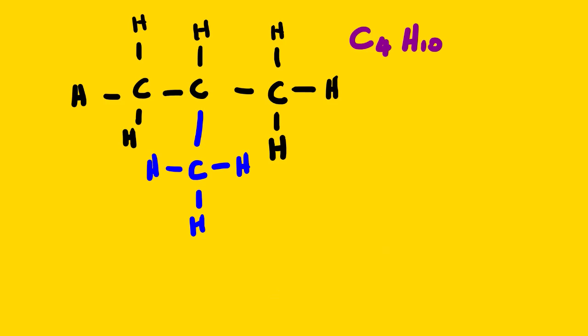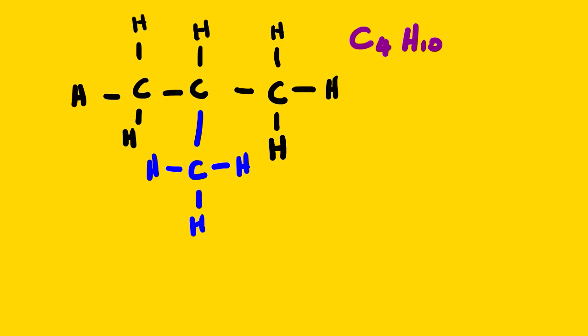Now let us go back to our structure. Let's start by identifying. By the way, you are looking for the name for this. What you're going to do, you're going to identify part by part. Now let us look at the longest chain. You can see that the longest chain consists of three carbons.